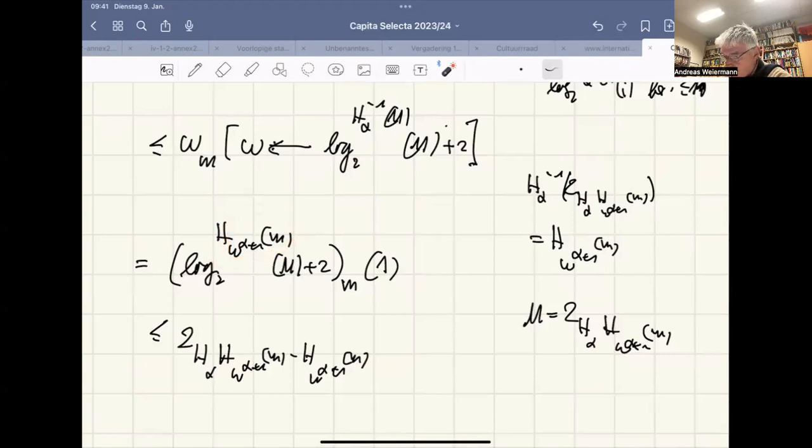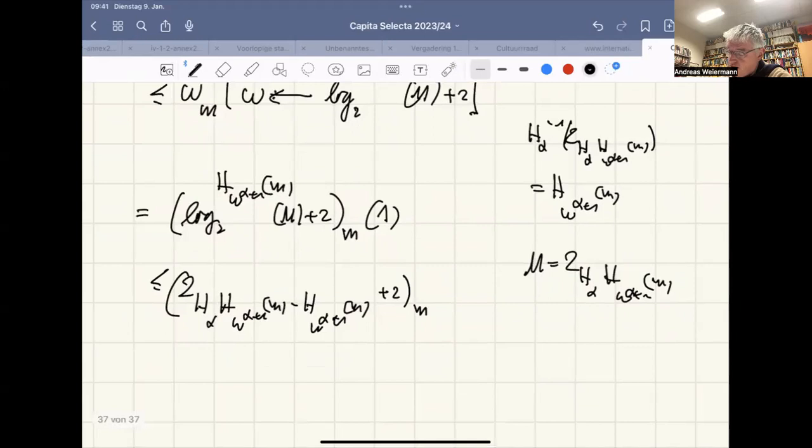Then I have here m, and then I have plus 2 of m. Now this plus 2 is a bit of a nuisance, so I make this term bigger. And then I have here an m.